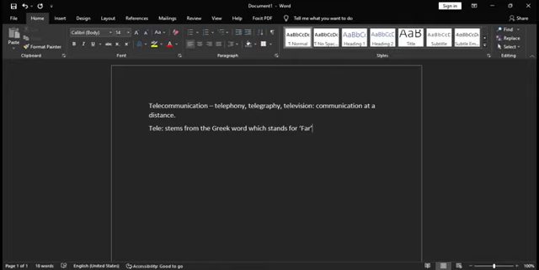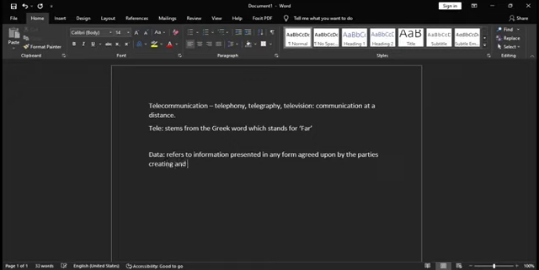Now the word data. Data refers to information presented in any form agreed upon by the parties creating and using the data.